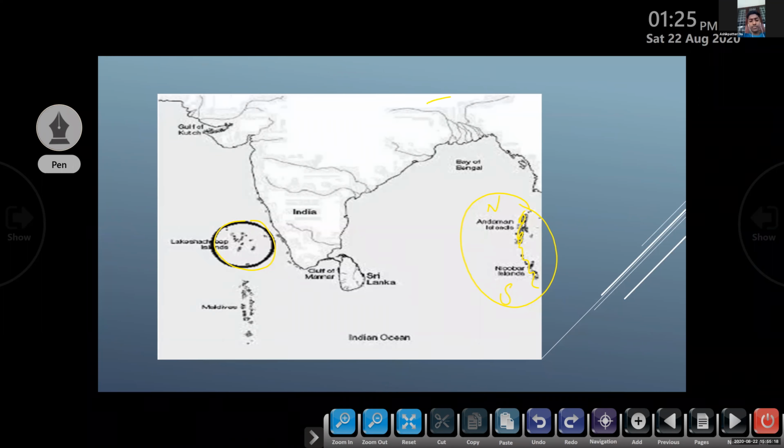It's a continuation of the Himalayan mountains under the sea. It is believed that the Andaman Nicobar island groups are the elevated part of submerged mountains under the sea. Clear?